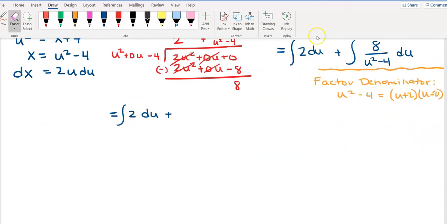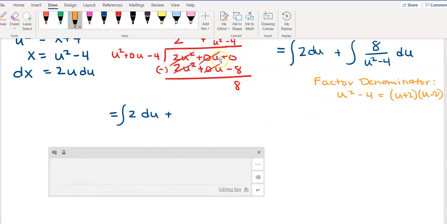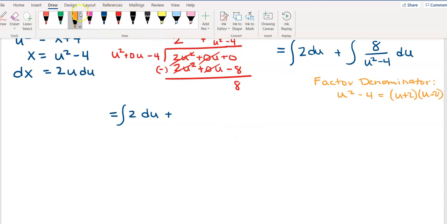So what I'm going to do is take this integral of 2 du and write that over to the side, and I'll work on a little mini bubble here, this 8 over u squared minus 4 du integral, to figure out what that's going to be in partial fractions, so that then we'll be able to work this question a little bit.